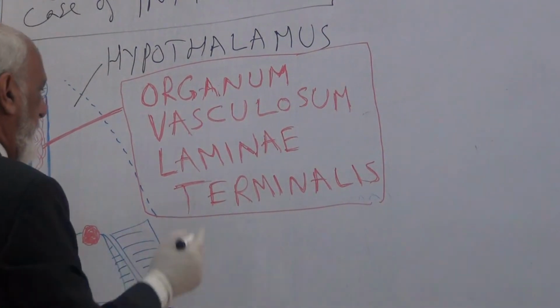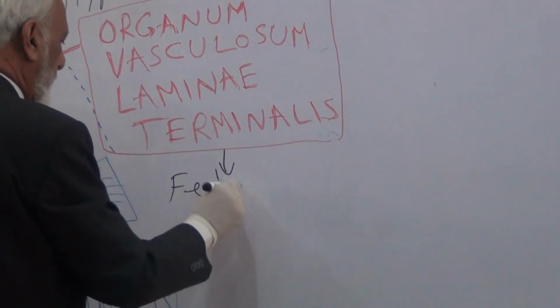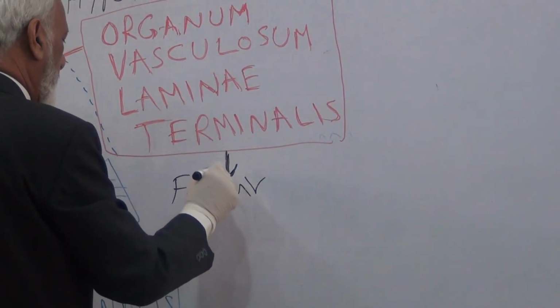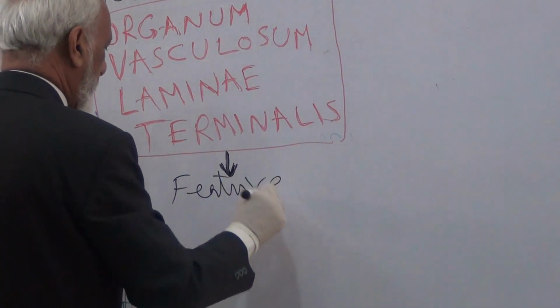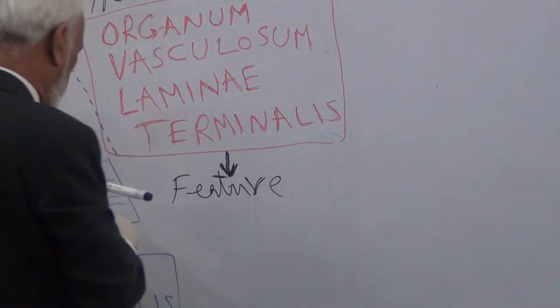There is a very important feature of this bunch of blood vessels located in the lamina terminalis. What is that?